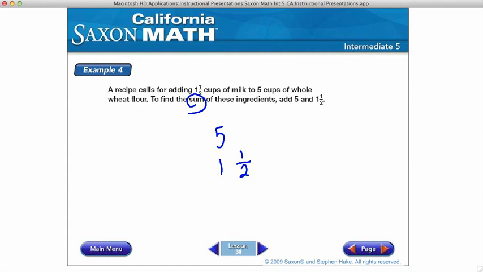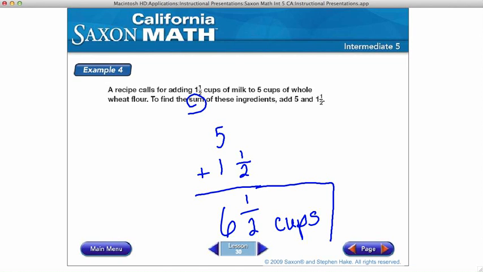I'm finding the sum, which tells me to add. So I have nothing plus a half, so I bring that half straight down. And then I add my wholes. 5 plus 1 is 6. So I have 6.5 cups is the sum of my ingredients.